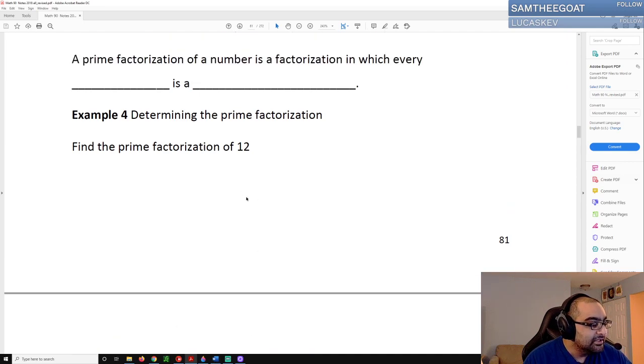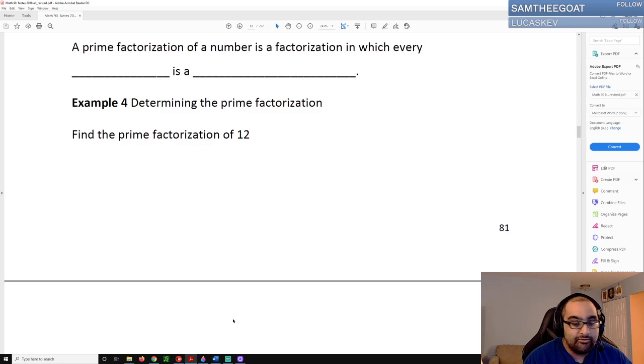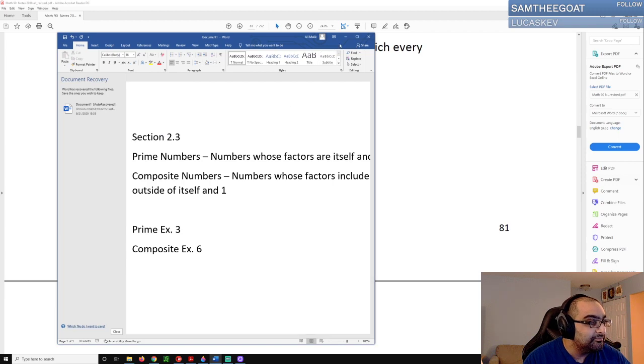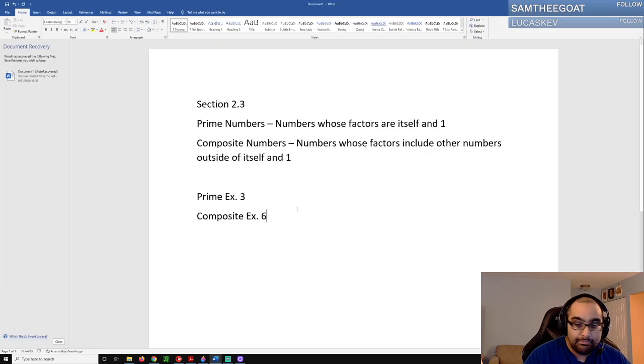When we talk about prime factorization, let's make this definition here. Prime factorization basically is we're going to break down any number into its prime factors.